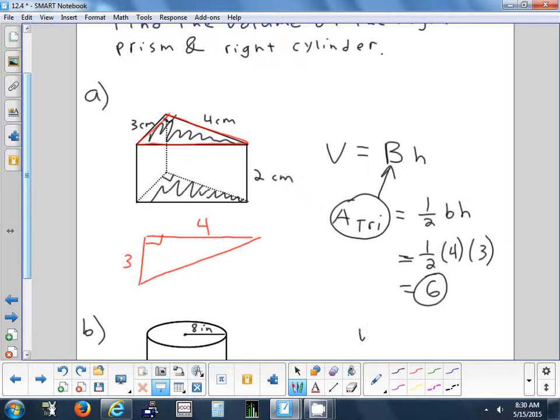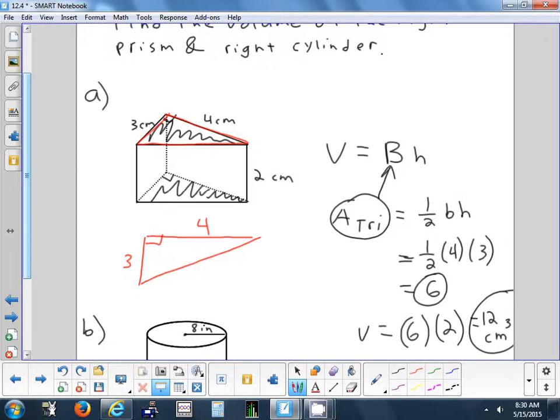Okay, so now we can find the volume. Area of the base times the height. That's the distance between the bases. So the volume here is 12 cubic centimeters. That's how much stuff would fit inside that prism if you were to fill it up.